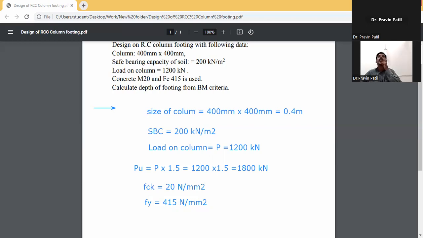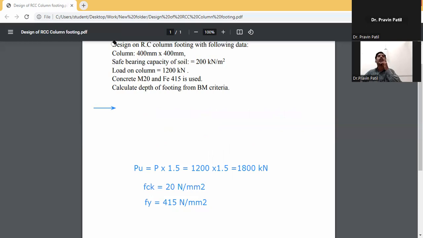Okay. So step 1, ultimate bearing capacity, that is in bracket UBC.